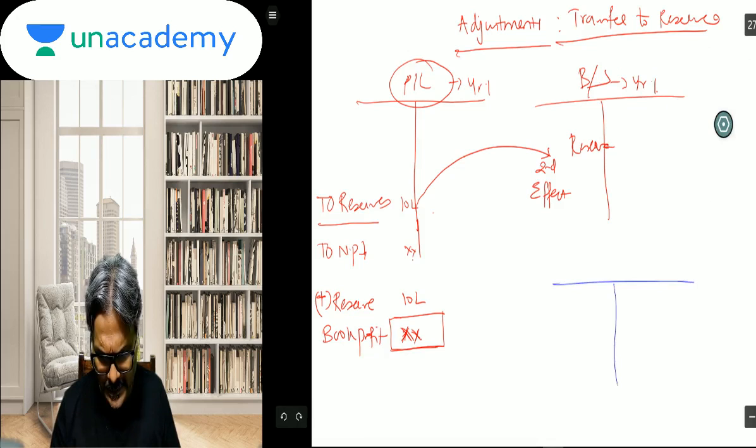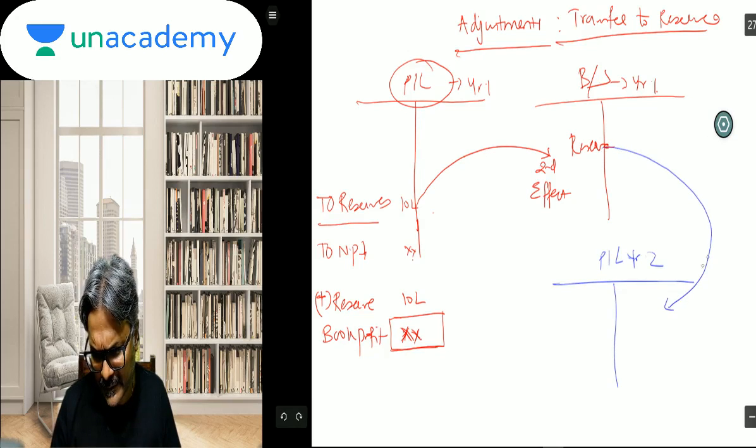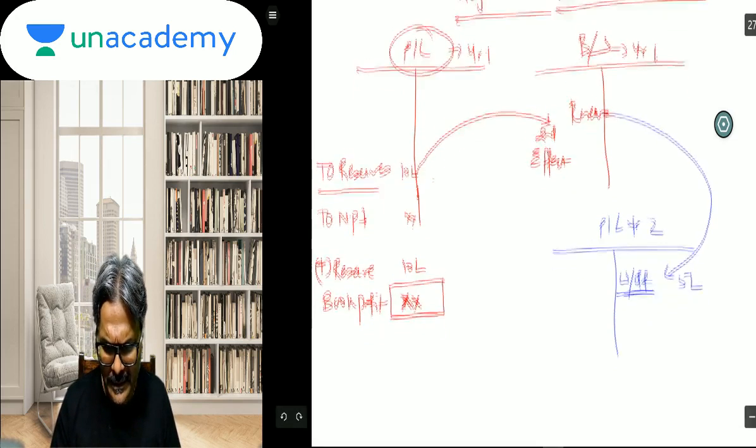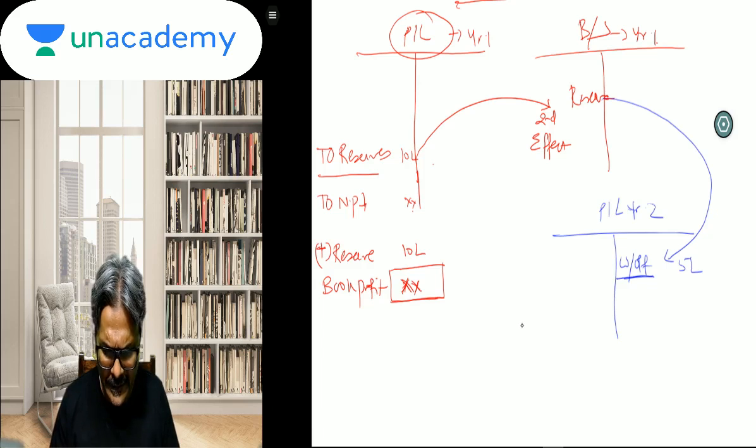Now in the subsequent year, say year 2, this reserve may be written off. So say for example there is a write-off of this reserve account. Say 5 lakhs has been written off. And if it has been written off, then it will come in the net profit.